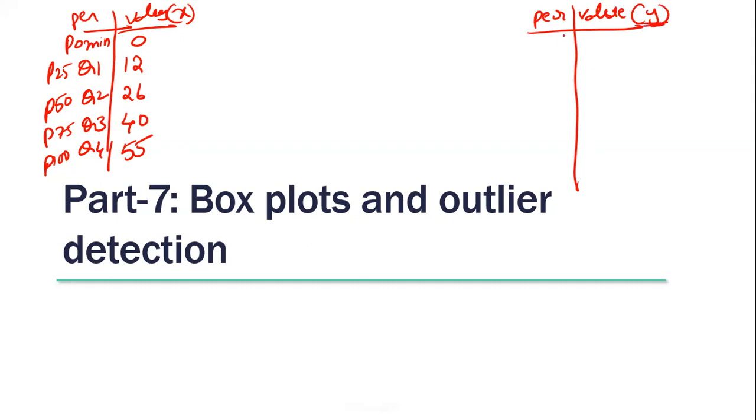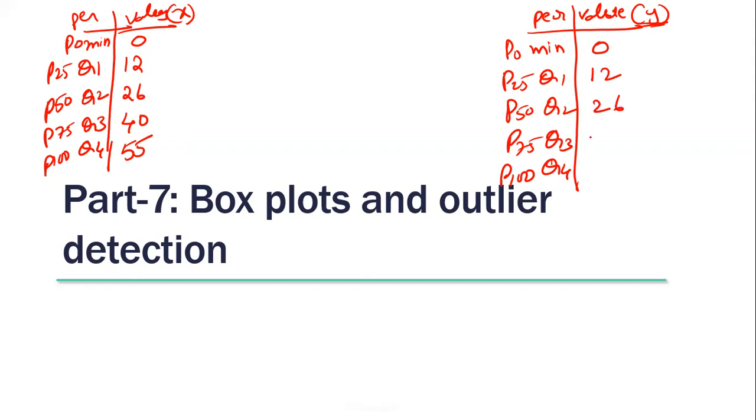P0, which is minimum. P25, which is quartile 1. P50, quartile 2. P75, quartile 3. P100, which is quartile 4. The values are 0, 12, 26, 40, and 5 million, 50 lakhs.